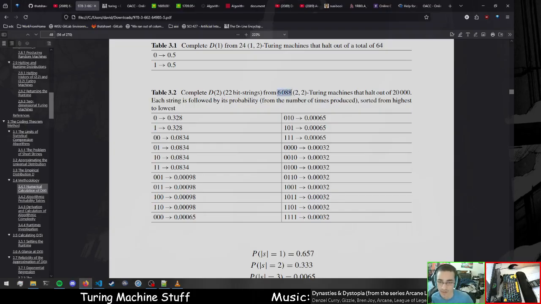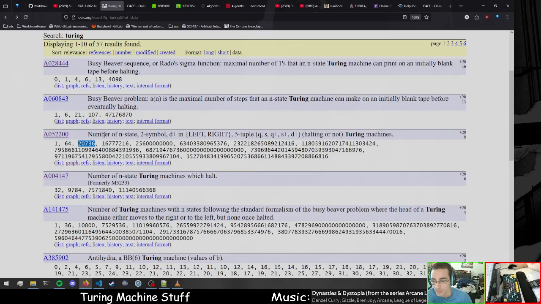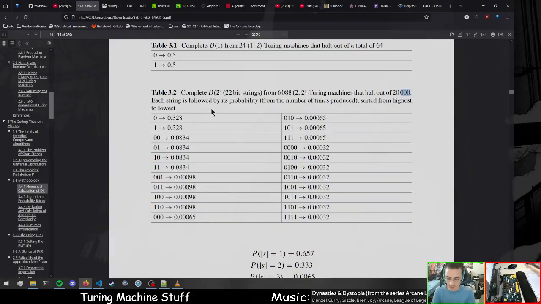They are somehow considering fewer machines than I am, but getting a different result. And weirdly, they're saying that there's 20,000 of them, but there's actually 20,736 of them. So I don't know what that is. I'm just gonna ignore that.